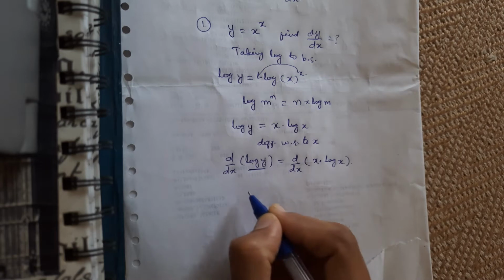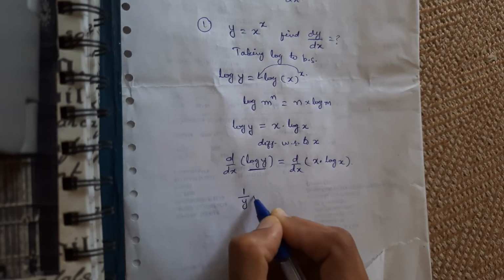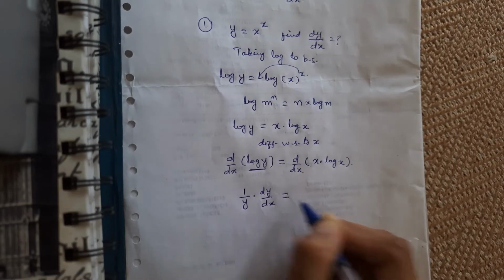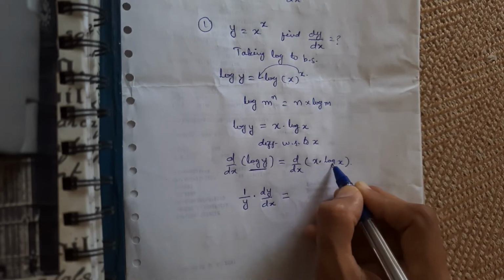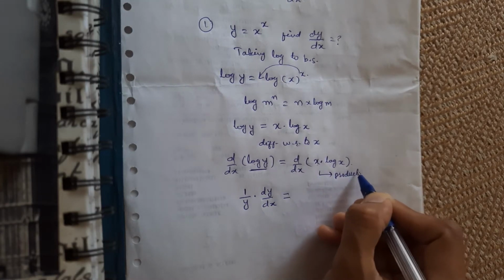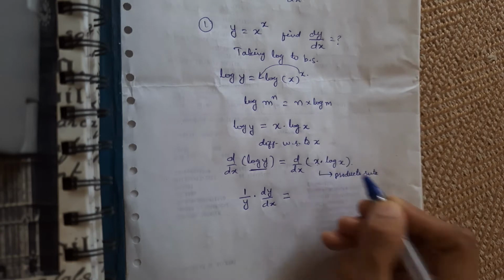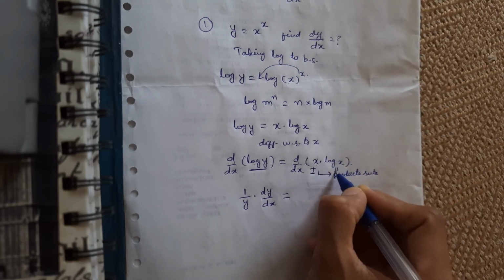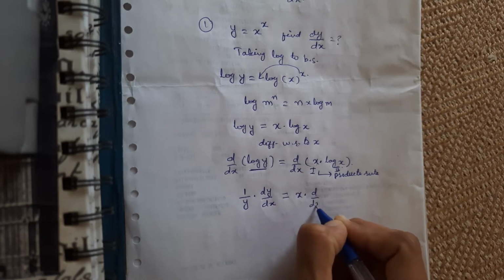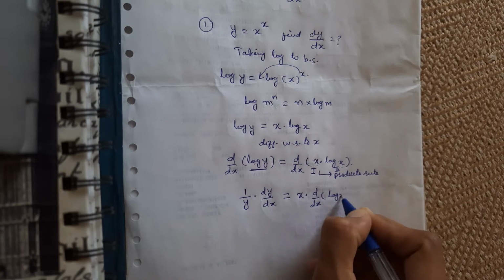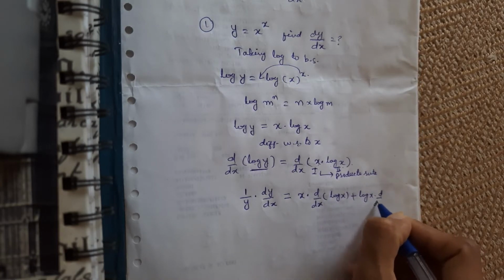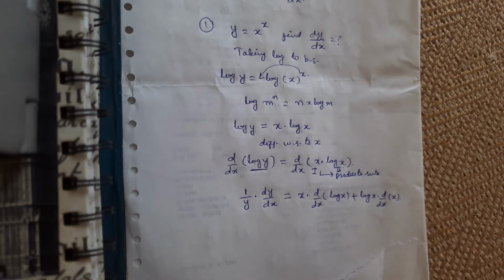So the derivative of log y will be 1 upon y into dy by dx equals, now here we need to apply the product rule because we have a multiplication sign between these two functions. This is my first function, this is the second function. So first function into derivative of second plus second function into derivative of first.